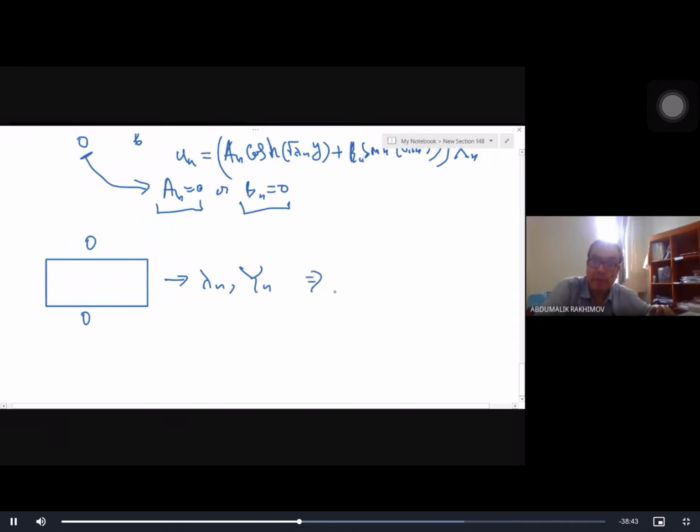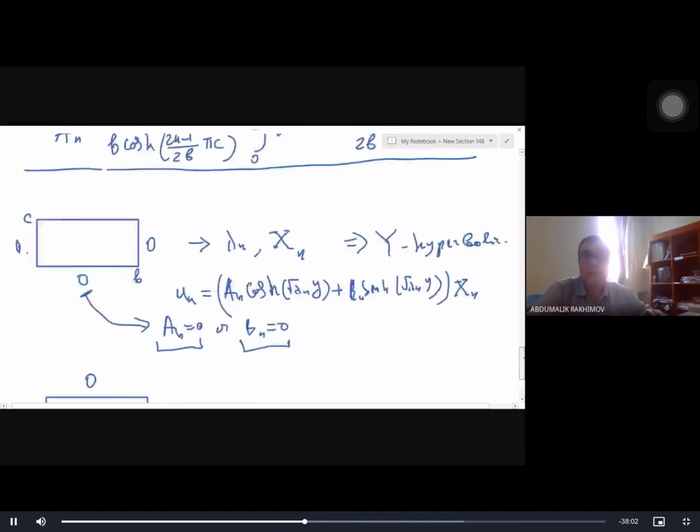Then you will find xn as a combination of hyperbolics, the same shape: an cosine hyperbolic root of lambda n x plus bn sine hyperbolic root of lambda n x.